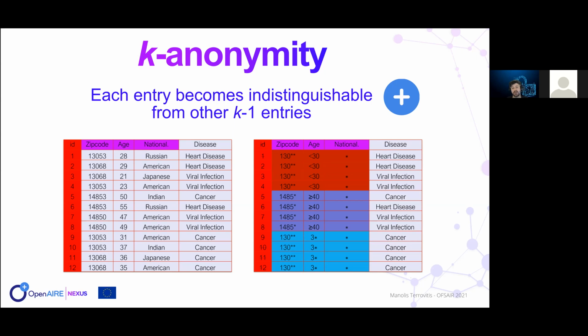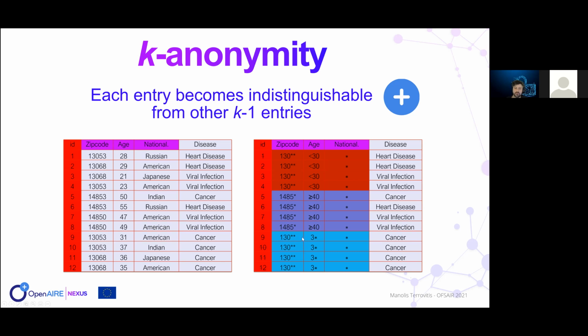So it creates groups of k indistinguishable entities. So if I know that Ivan is Russian and he's 20 years old, then I can place him here in the first cluster, but I don't know which of these 4 records is his, so I don't know if he has heart disease or viral infection. And this is k-anonymity.